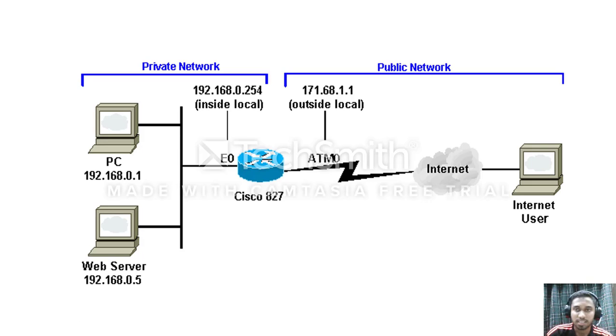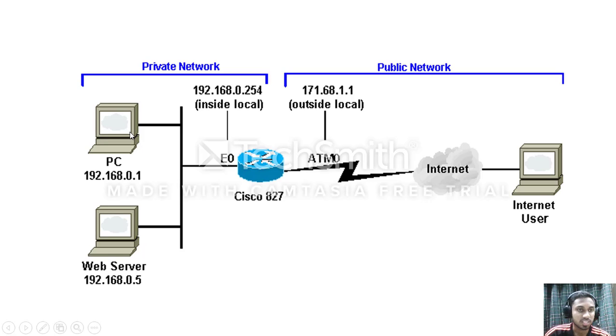If the data packet is to be transferred back to the PC, we have the IP address that has been changed just now, which is 170.68.1.1. It has to be changed back to the original IP address, which is 192.168.0.1.